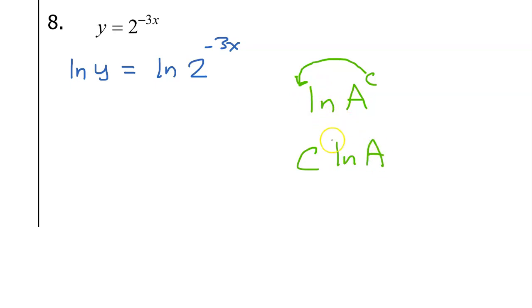All right, this is a very powerful tool because having a variable in the exponent messes up a lot of the rules that we would normally use. If we can get that variable out in the front, it will be better for us. So now that we have a natural log, I can do just that and put this negative 3x in the front.